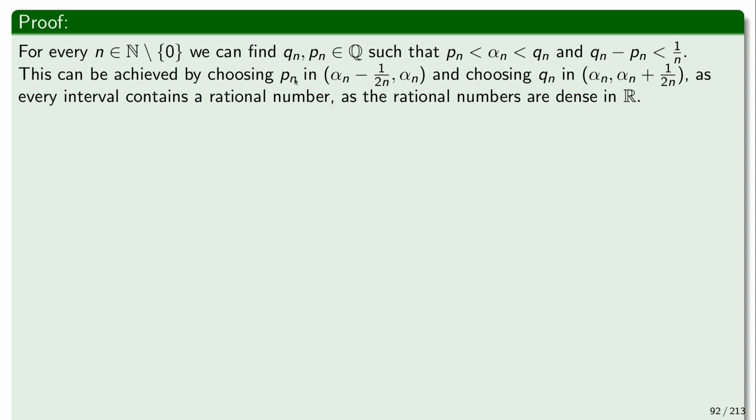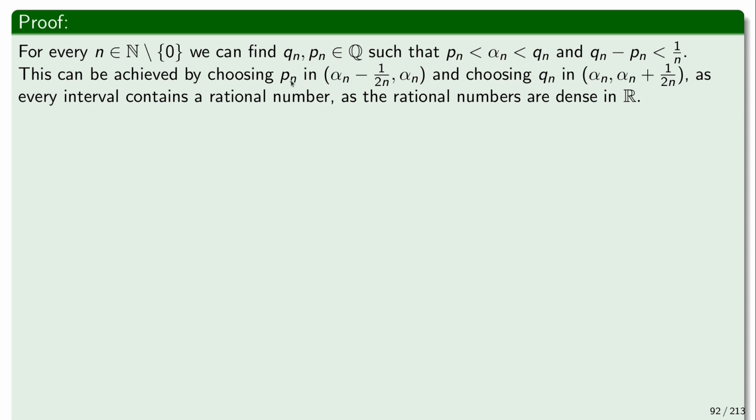We can choose Pn in this interval, and again, we are using that every interval of real numbers would contain a rational number because the rationals are dense in the reals, and we can choose Qn in this interval, between alpha n and alpha n plus 1 over 2n.